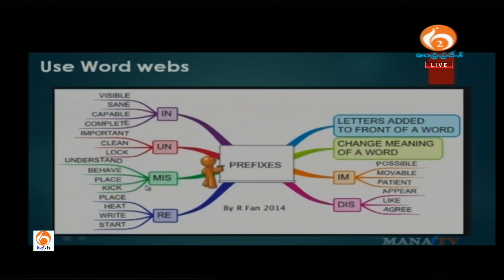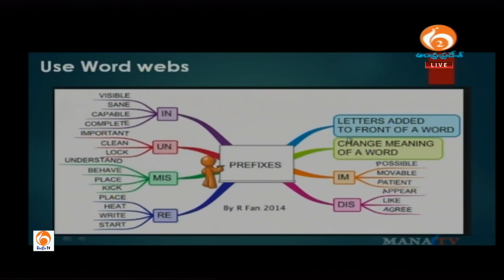When I am using RE, basically I am doing it again. For example, replace, reheat, rewrite, restart. So IN, UN, MIS and RE, it's conveying different meaning, it's changing the meaning.